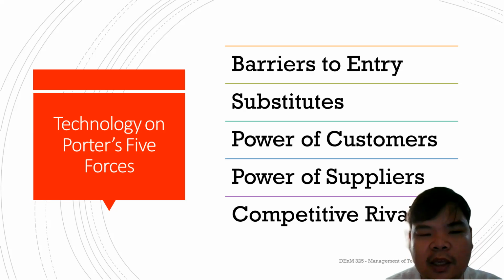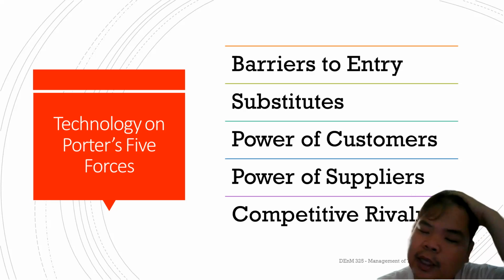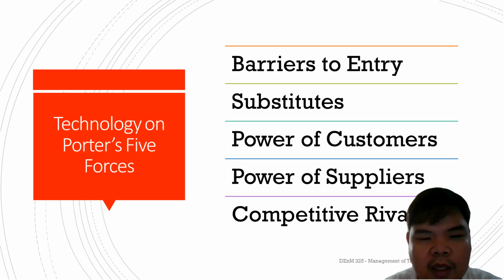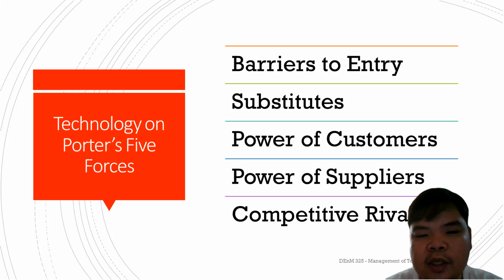Then for competitive rivalry, the potential impact of technology is that rivalry is diminished. The technology is successfully patented and also licensed, so that at least you can secure the idea that you had created.